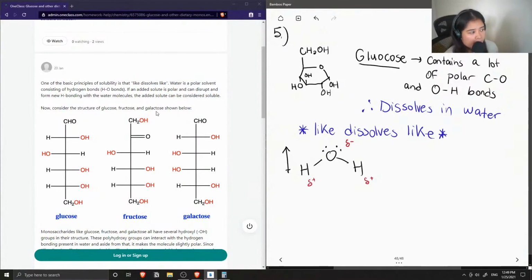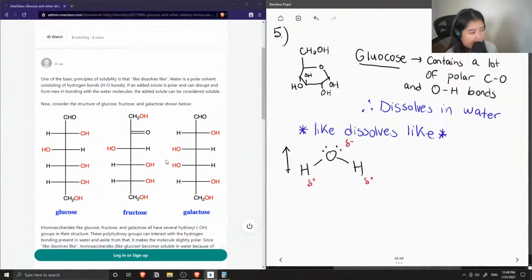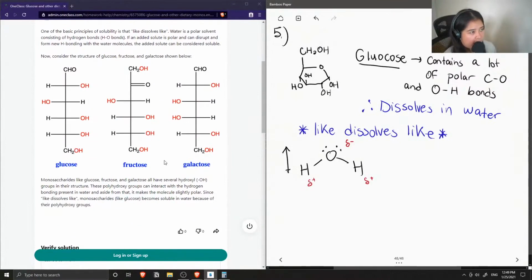Now consider the structure of glucose, fructose, and galactose shown below. So here they have the linear structures of all of these different sugars, and they highlighted all of the alcohol groups that are contained in the structures. So monosaccharides like glucose, fructose, and galactose all have several hydroxyl groups in their structure.